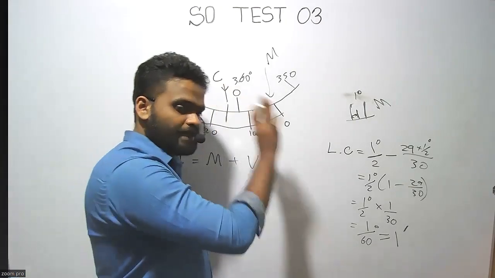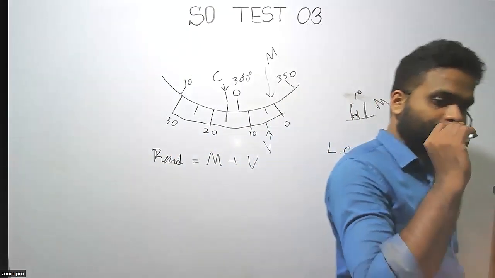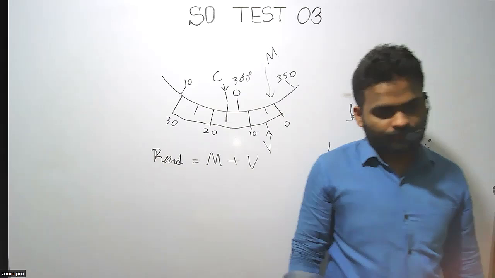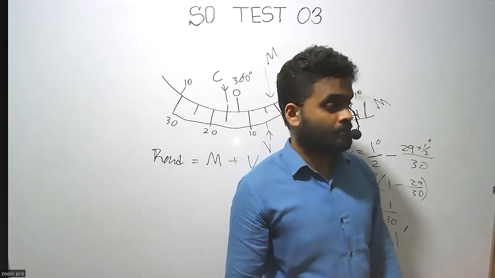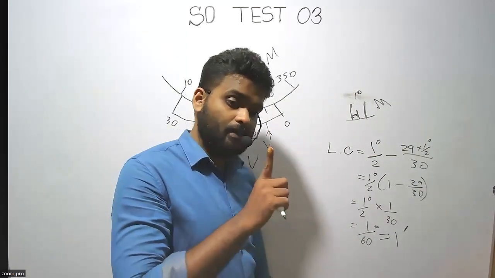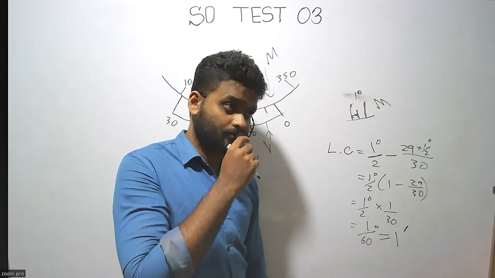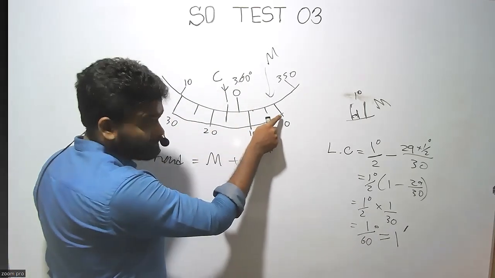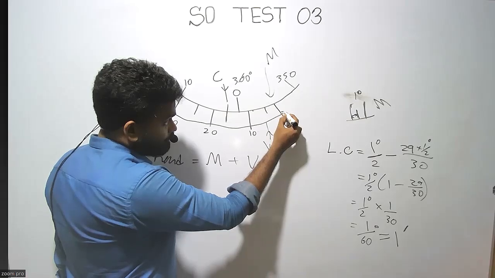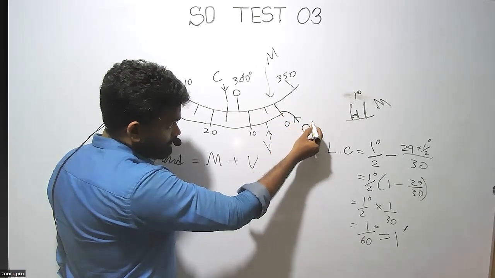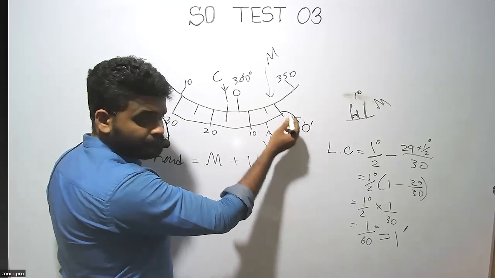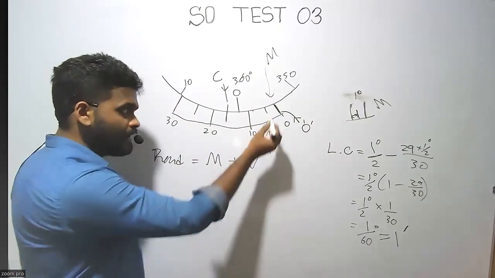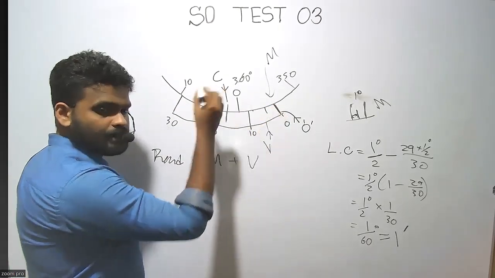So when you take the reading, what's the first step? We already found the least count. Then you need to figure out the 0 mark of the vernier scale. Where is that? There is the 0 of the vernier. This mark. So we do everything with respect to this point, this line.